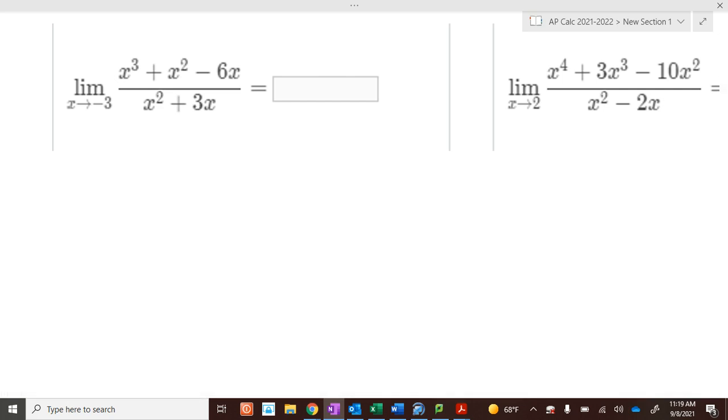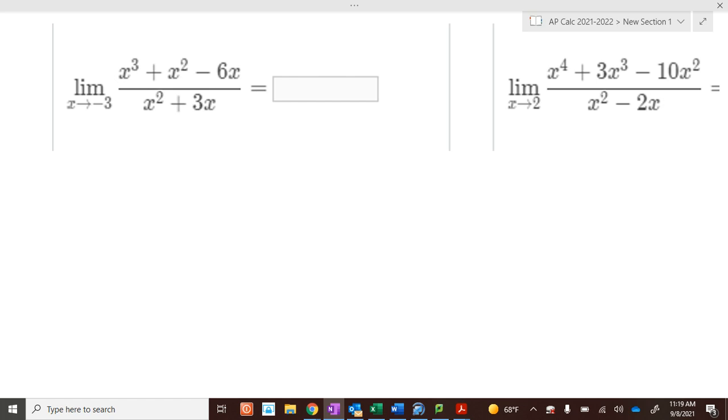So, Mr. Ricky, if you stick a -3 into the numerator, what do you get? That's the top. Zero.